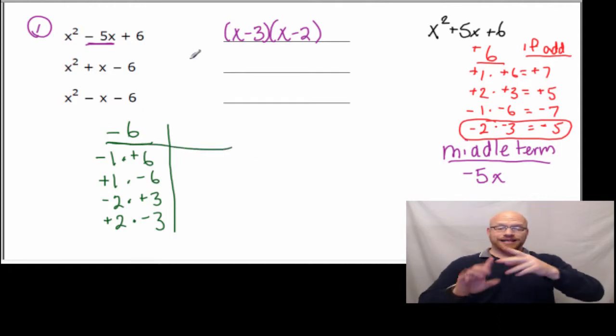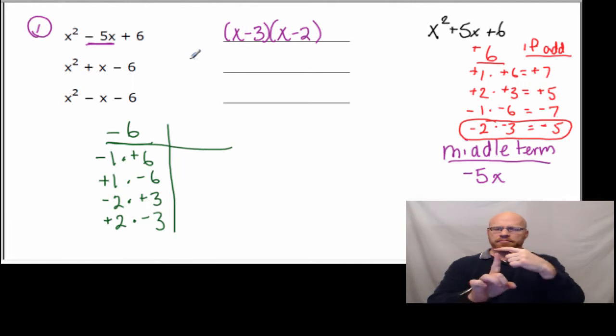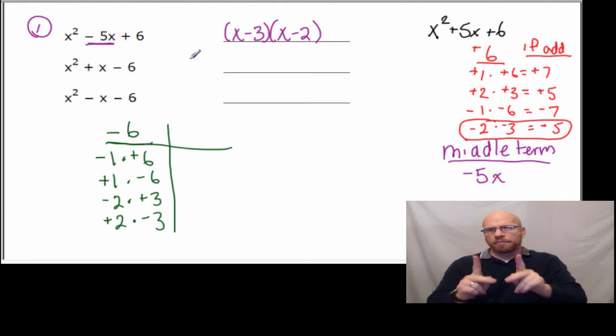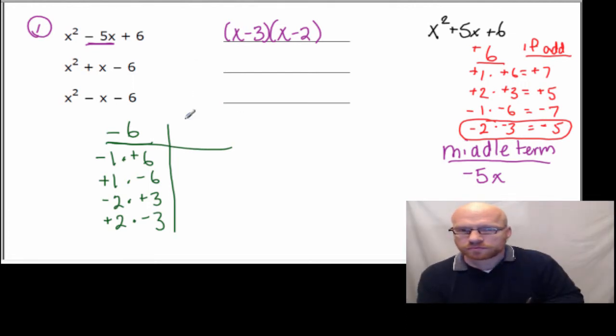So now we have listed in our second example, we need the coefficient of our middle term to be positive x. Positive x. Oh yes, that's a positive 1. So we need our two factors of negative 6, the pairs. One of those pairs will combine or add to be positive 1.